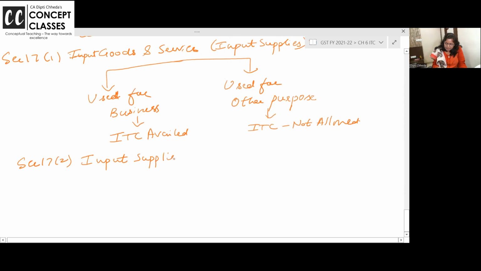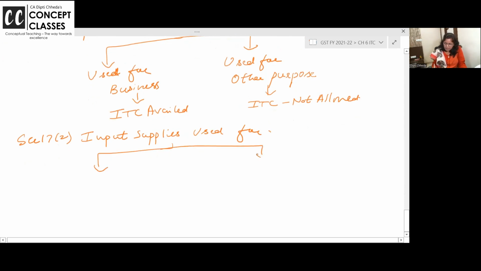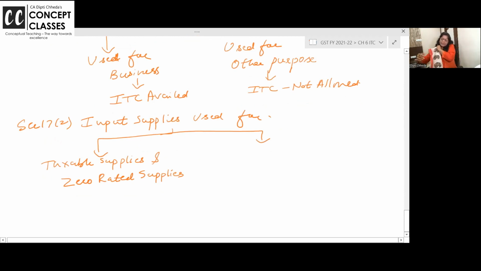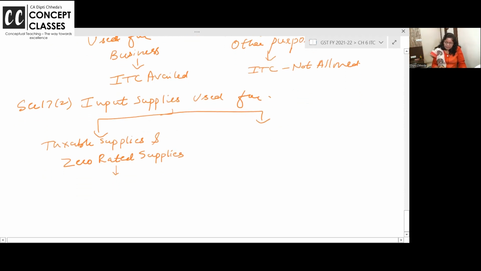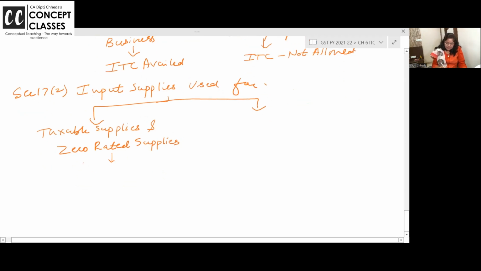Input supplies used for taxable supplies and input supplies which are used for taxable supplies and zero rated supplies, ITC allowed.